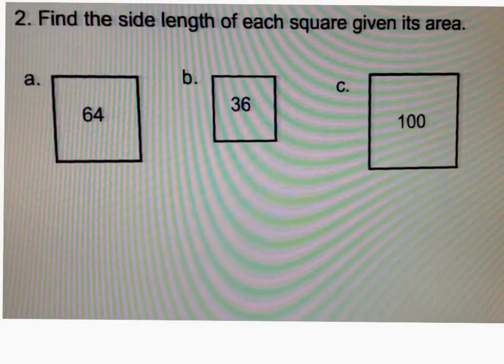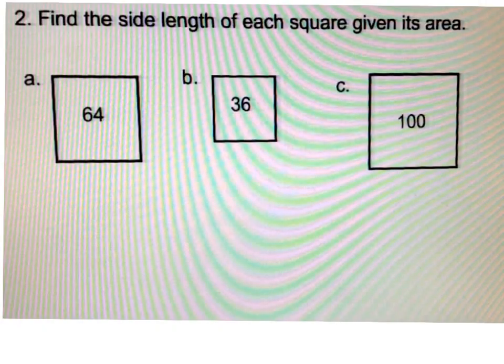Okay, this problem's a little different. Find the side length of each square given its area. So we know that the space inside the square is 64. The area is 64. Well, how did we get 64? We multiplied the side by itself. In other words, we squared some number, x, and we know that it equals 64, the area.